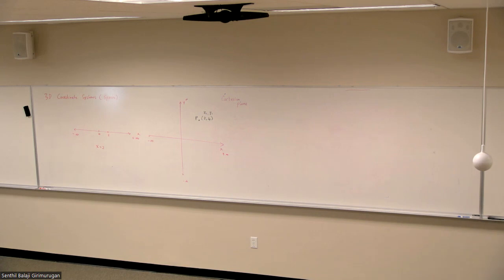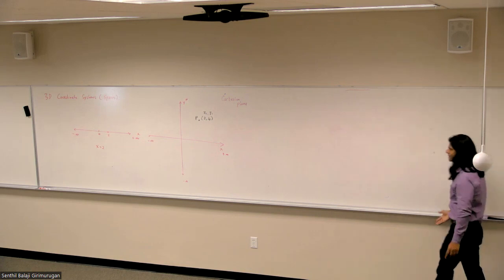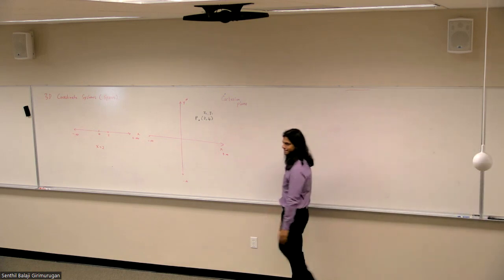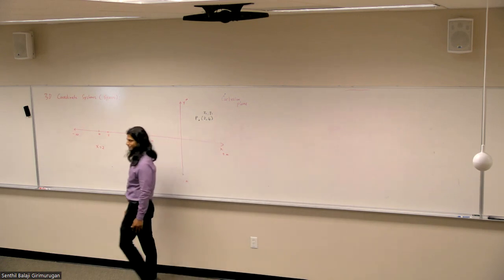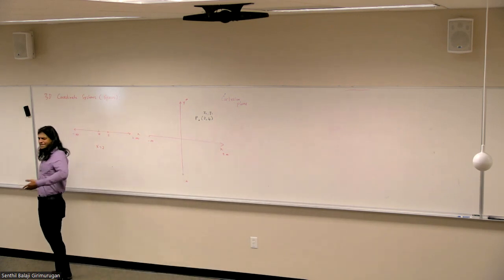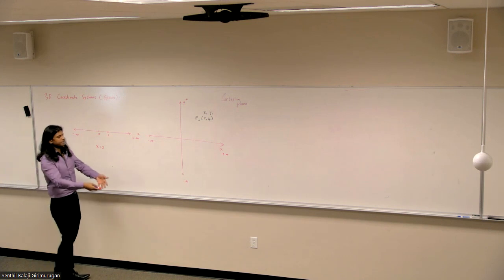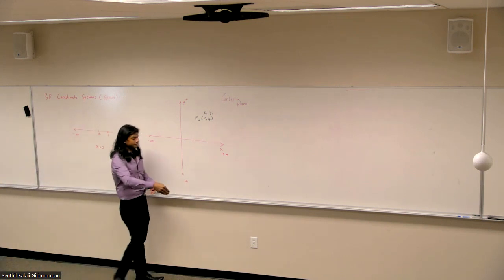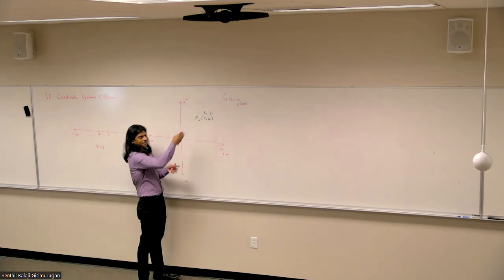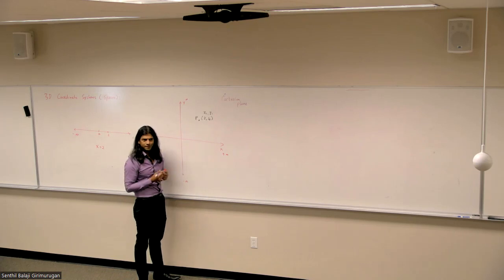So Cartesian plane, and the point that we have x1, y1, that has a name, a fancy name. What is that fancy name? In terms of, you would have associated that word with Cartesian, most often.